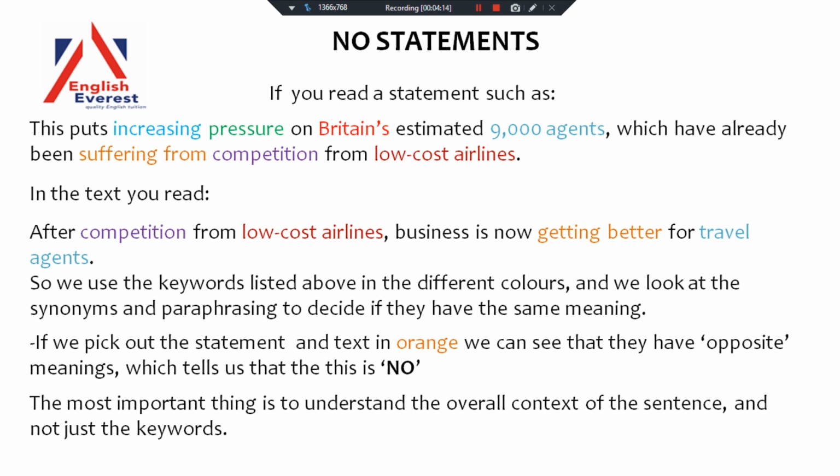Well, that actually contradicts the first sentence, because in orange you can see it says increasing pressure, which is not the thing we're looking at, but it means they're having more pressure and they've already been suffering from. Suffering from means to get worse. Getting better is in the second sentence. So these two things have an opposite meaning. So the answer will be no.